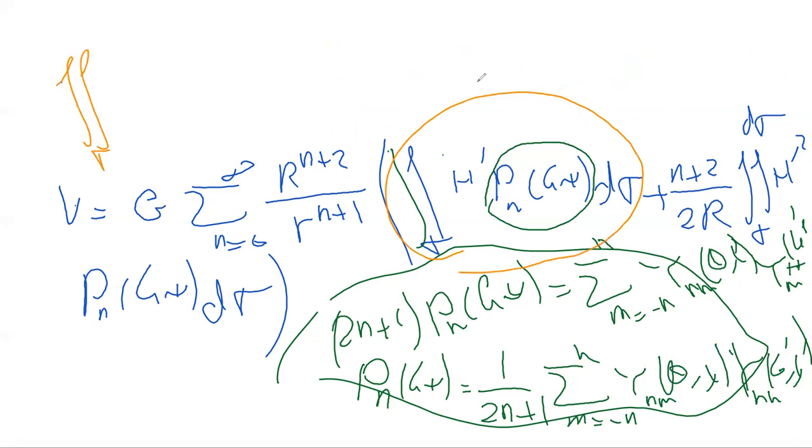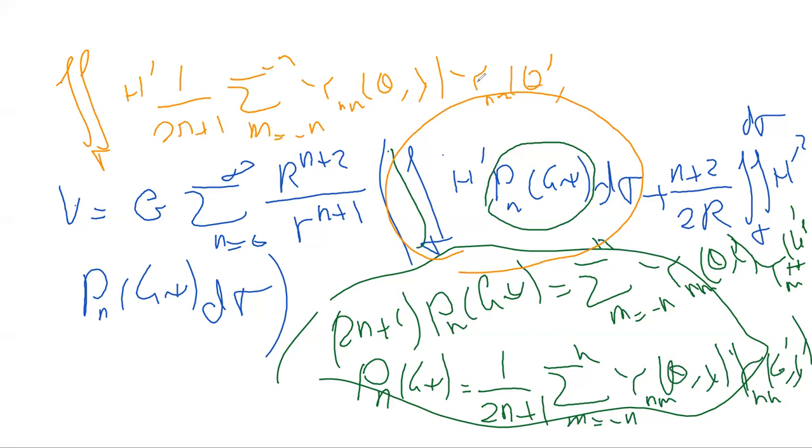Integral h prime, 1 over (2n plus 1), summation m from minus n to n, Y_nm theta lambda and Y_nm theta prime lambda prime.